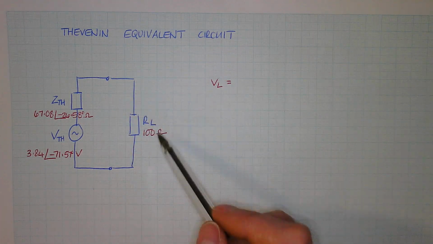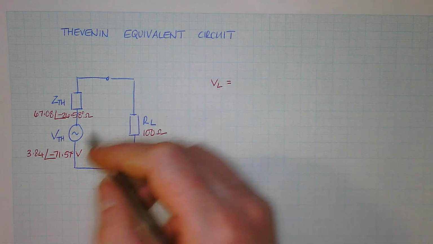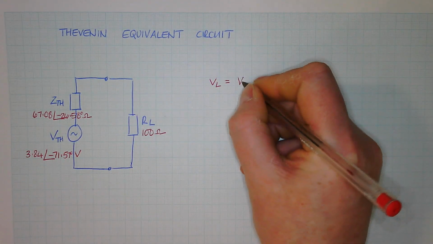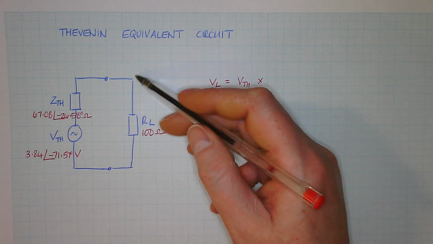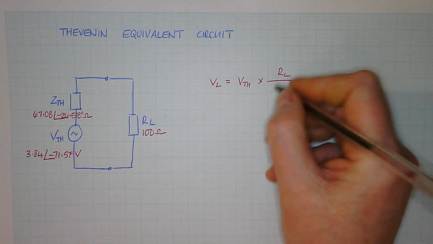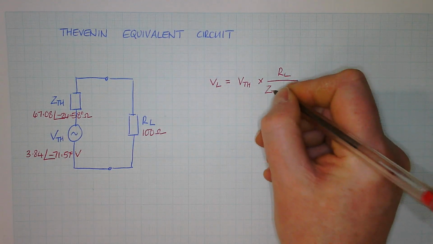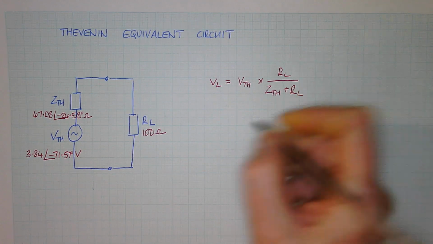Your Z Thevenin and your RL are in series, so you can use a voltage divider. The voltage you're going to divide is your V Thevenin. The voltage you're interested in is across RL, so RL goes in the top. And on the bottom you're going to have the two impedances in the string, so Z Thevenin plus your RL.